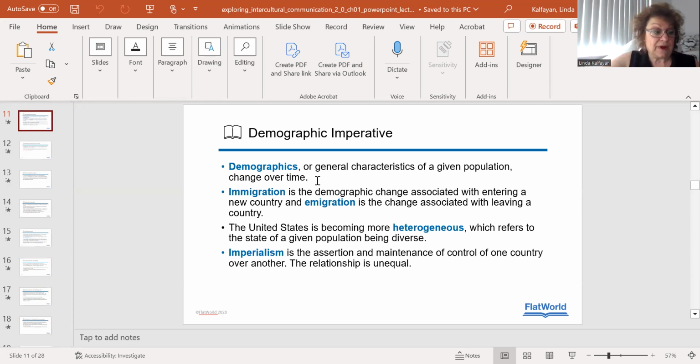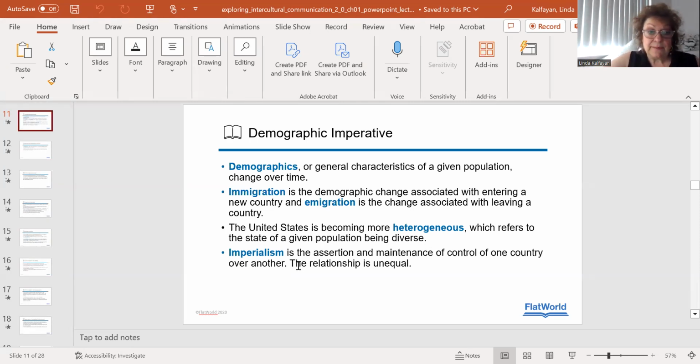Immigration is a demographic change, other people coming in and where they're immigrating from. And then heterogeneous refers to the state of a given population being diverse.